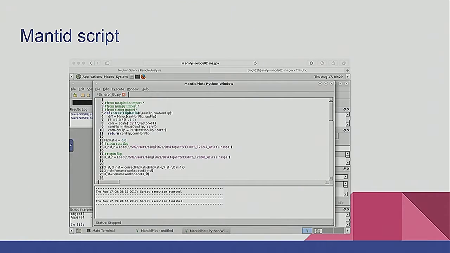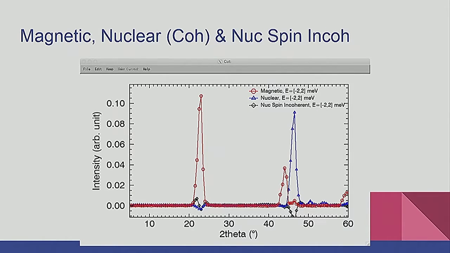All you need to do is put in your numbers, and voila. You can have your nuclear peaks and your magnetic peaks well separated. You see nuclear signal, magnetic signal here, and this blue curve is your nuclear peak. And we can also estimate the spin incoherent nuclear scattering intensity.